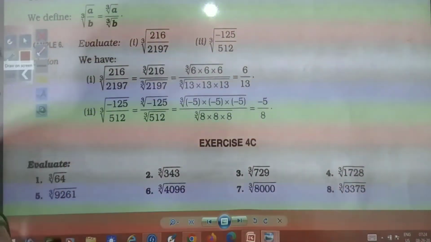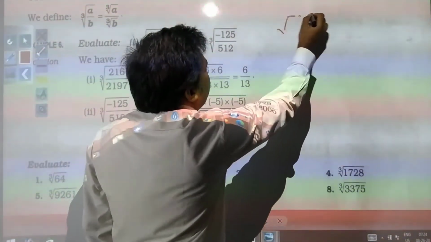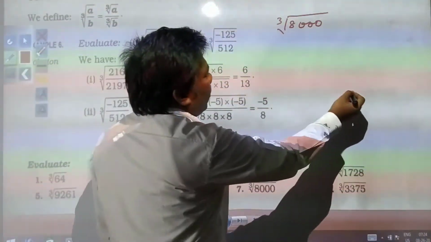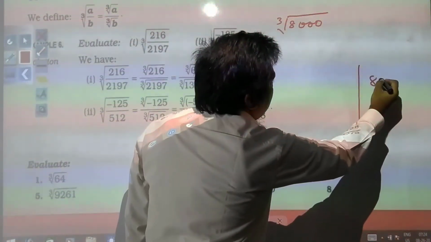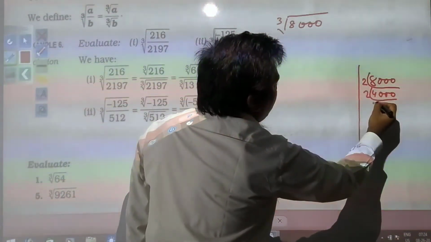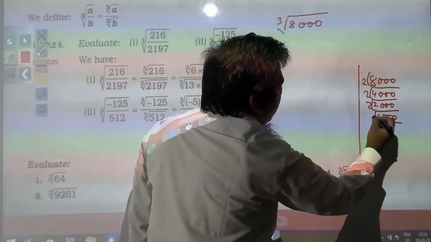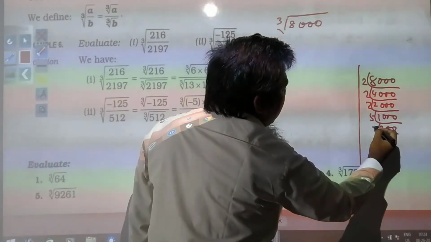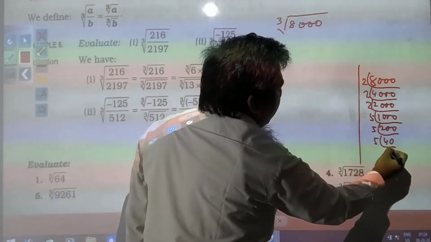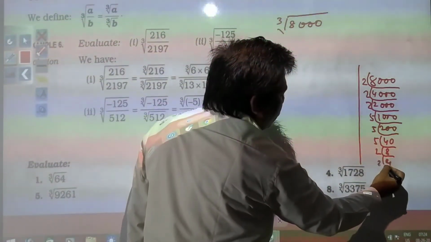Suppose we take question number 7, cube root of 8000. Just see how it is to be found, so easy it is. 8000: 2 4s are 8, 2 2s are 4, 2 1s are 2, 5 2s are 10, 5 4s are 20, 5 8s are 40, 2 2s are 4, 2 4s are 8 and 2 2s are 4.